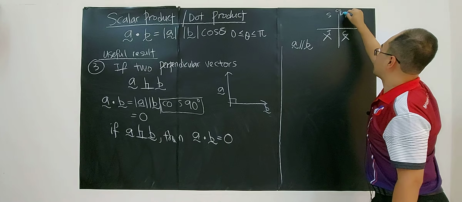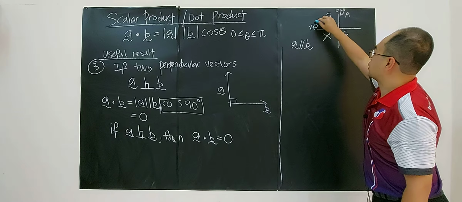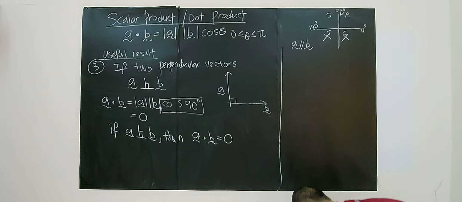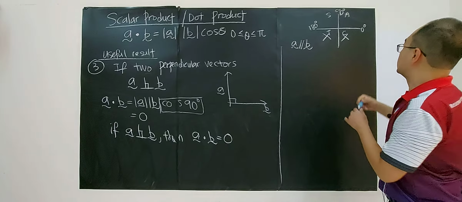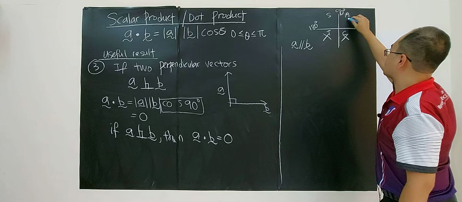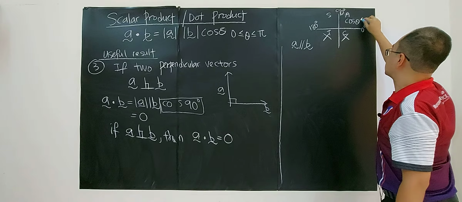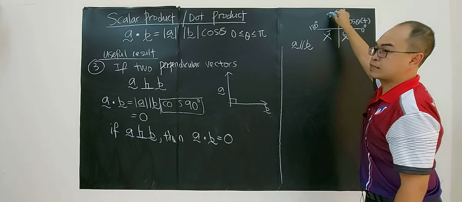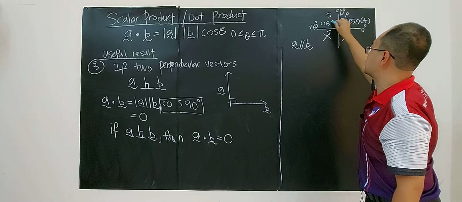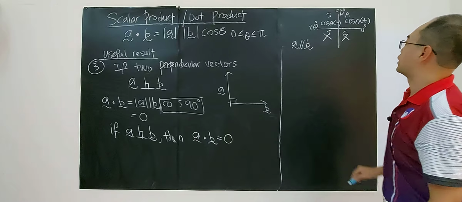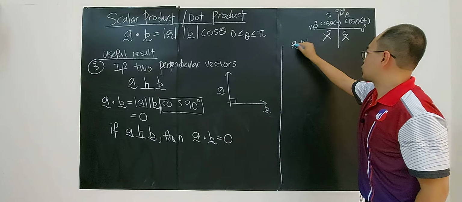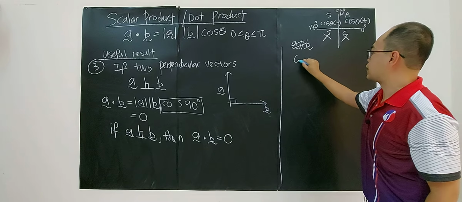So 90 to 180 degrees, and 0 to 90 degrees. In the 0 to 90 quadrant, cos theta is positive, right? And in this quadrant, sin theta is positive, but cos theta is negative, right?